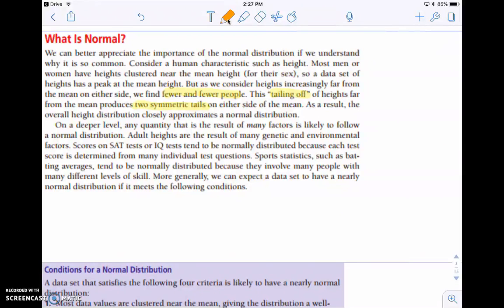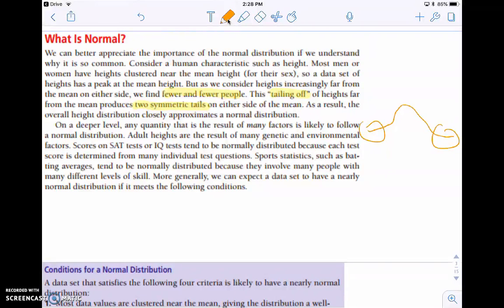So when we draw a bell curve, these are what we call the tails on the outside. That's a terrible bell curve, but it just means we get fewer and fewer data points as we get farther away from the mean on both sides. If you think about height, you have people who are right in the average area, and then you have those who are much taller or extremely short, and there are not very many of them.